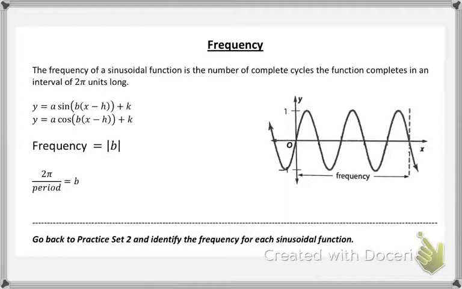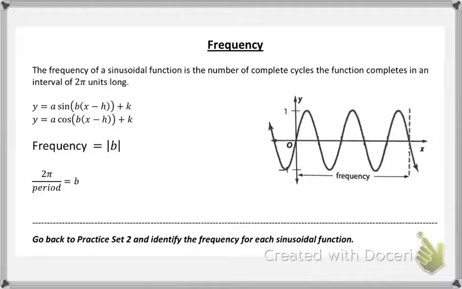And so the frequency is just b in my equation. So that's very easy to tell. Frequency is just the absolute value of b, and I put the absolute value just to remind us that if there's a negative, that's just a reflection over the y-axis. It doesn't have anything to do with the frequency.